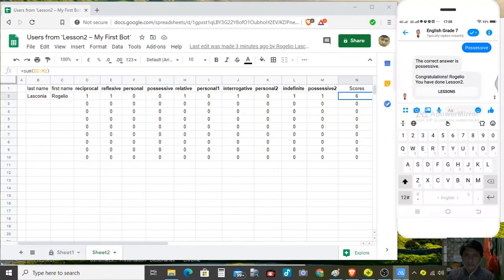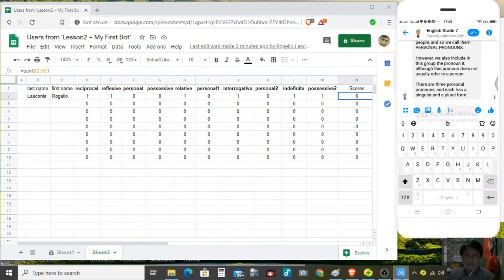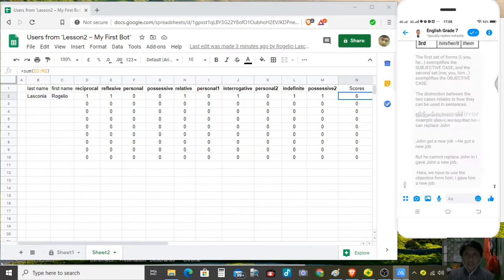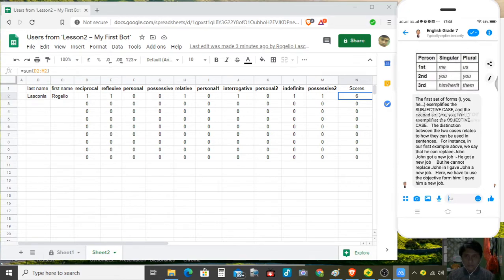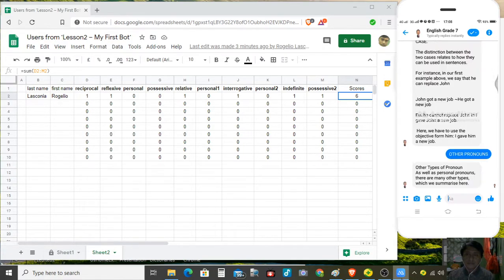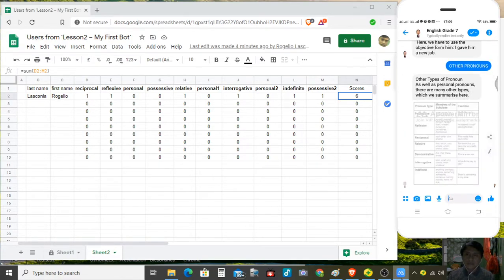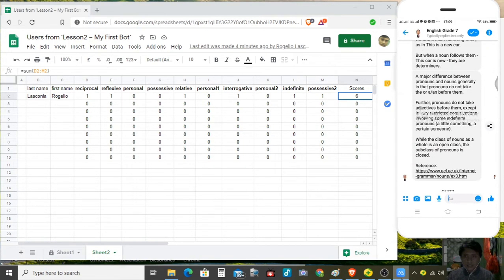Okay, here we have now lesson 2. Let us wait to load all the lessons, and let us assume it is another student who answers. So we have other pronouns, and let's have the quiz.